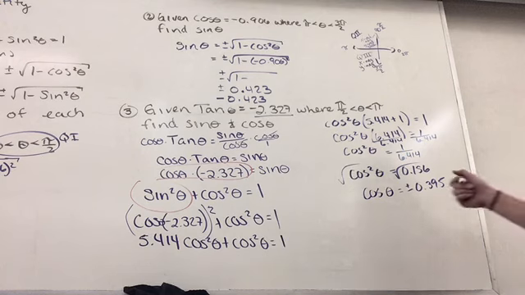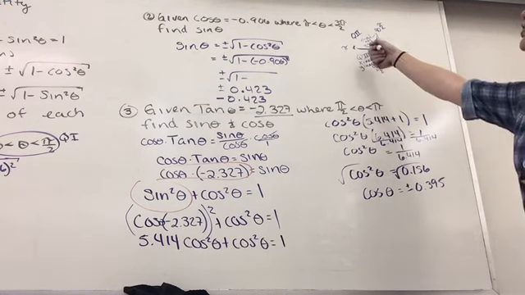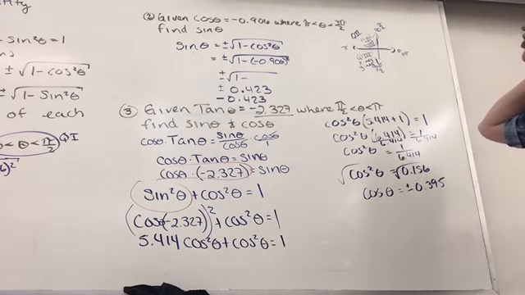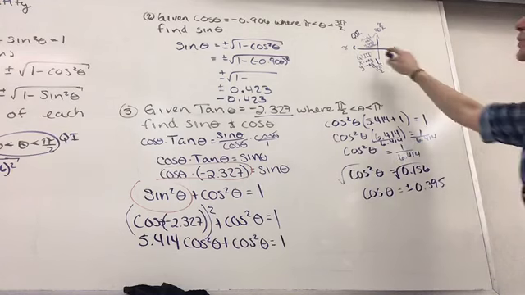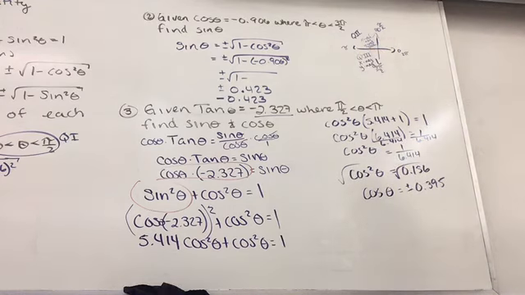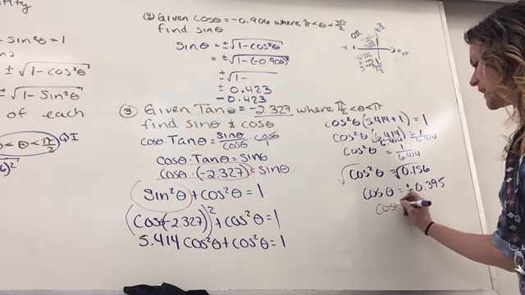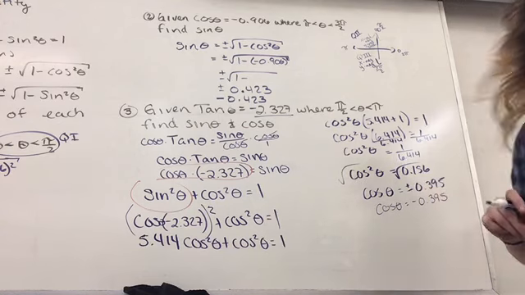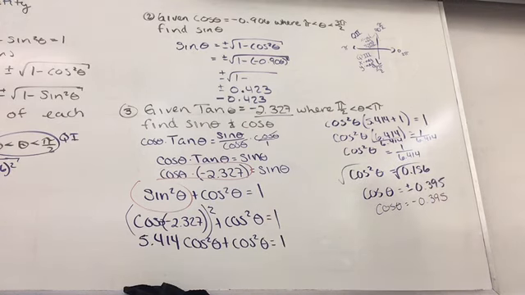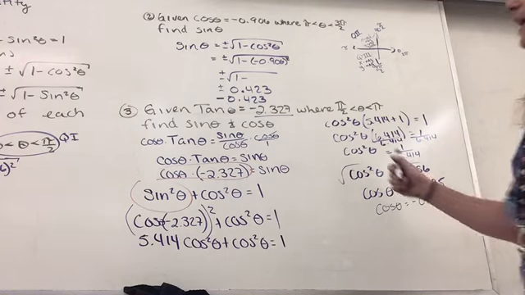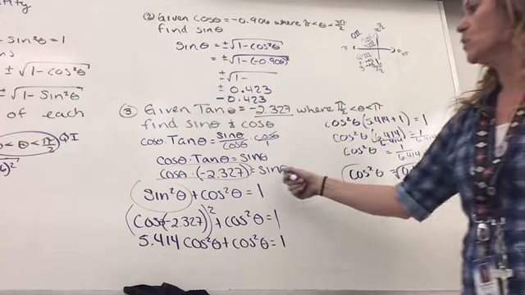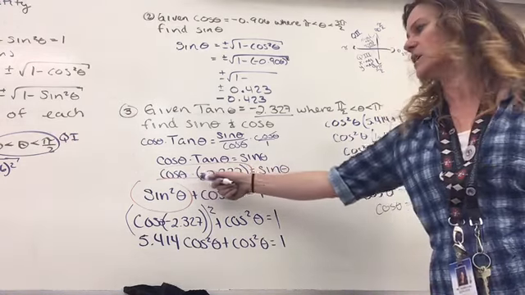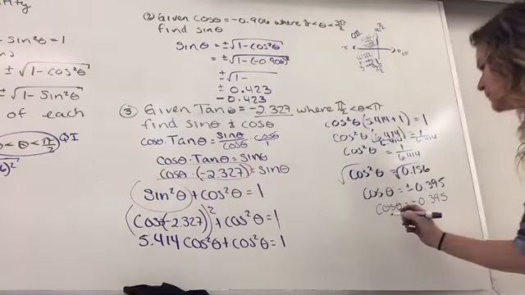Now, because we're in quadrant 2, cosine is the adjacent, which is your x value, okay? And the x value is going to be negative. So we want the negative version of this. Now, to find sine, way over here, where did we go? We said that sine was equal to whatever the cosine was times the tangent.